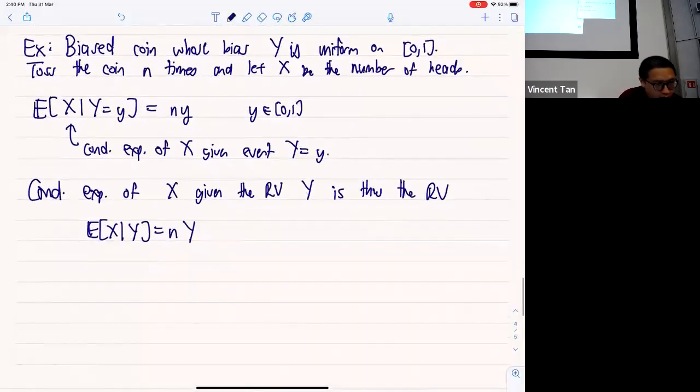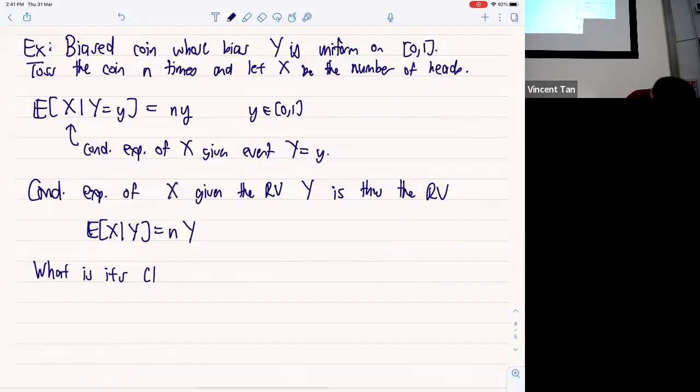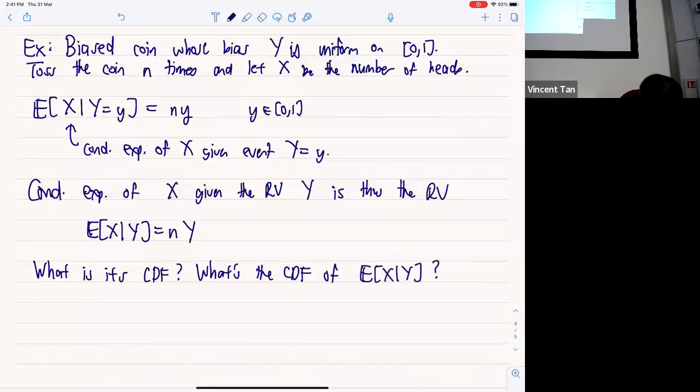Okay? Thus, we can ask ourselves the question, what is its CDF? What's the CDF and the PDF, if you wish, of the random variable expected value of x given Y? Okay, maybe we can give this a name.